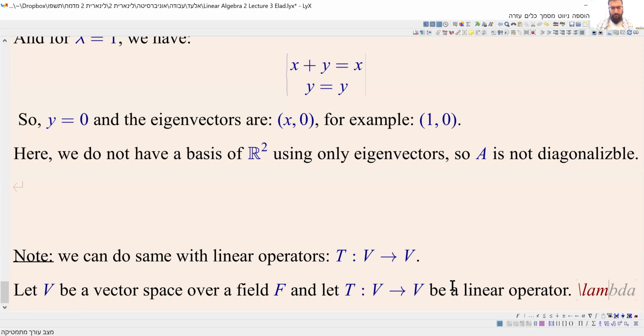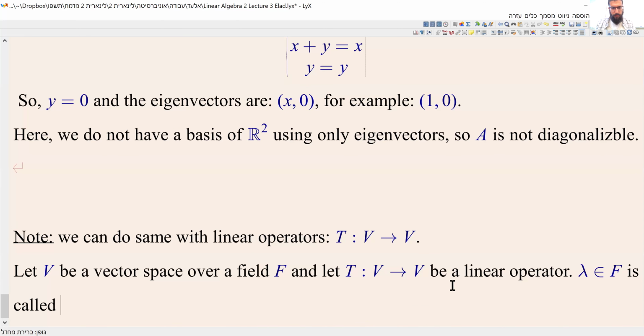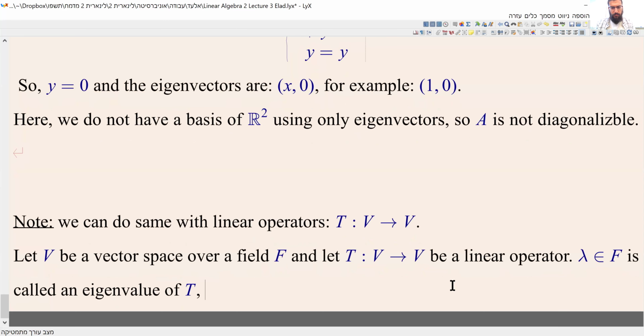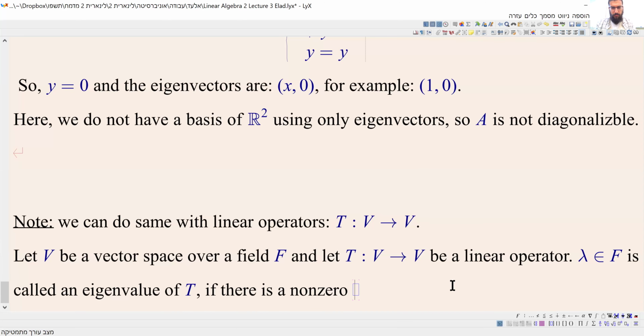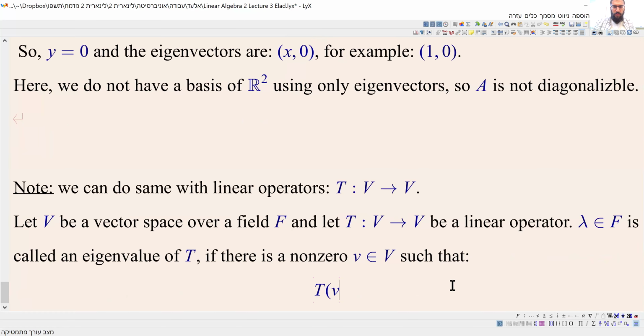Lambda in F is called an eigenvalue of T if there is a non-zero v in V such that T of v is lambda v.